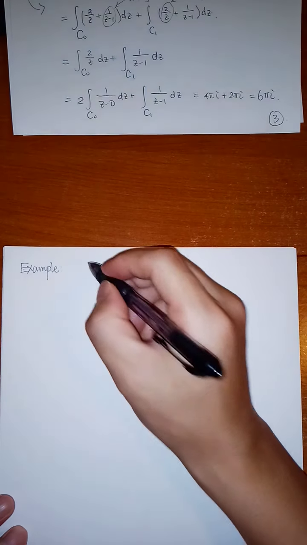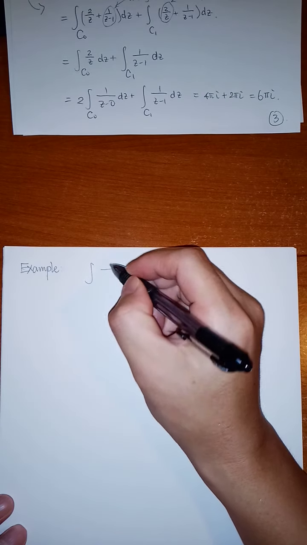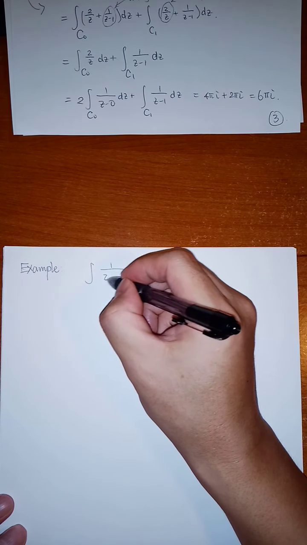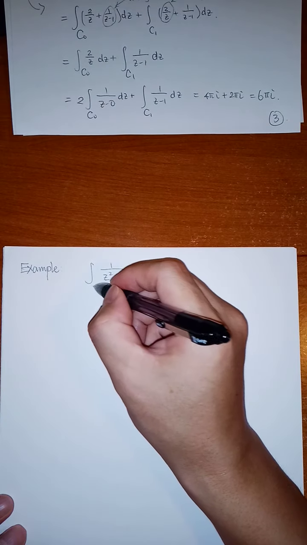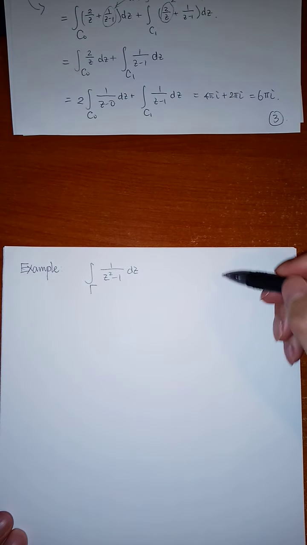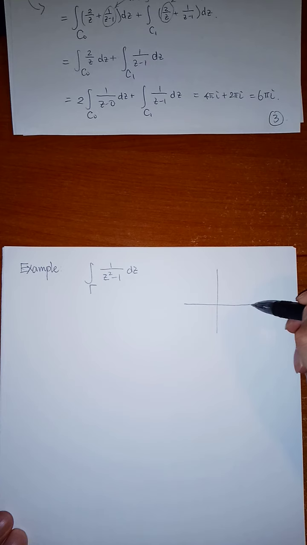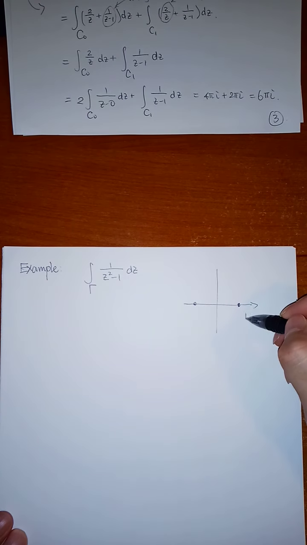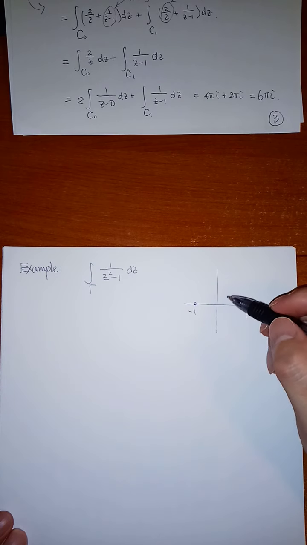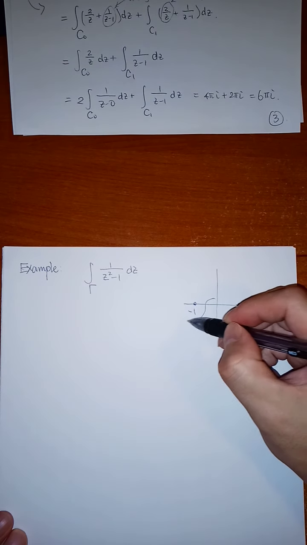So we're going to integrate 1 over z squared minus 1 dz along the gamma, where gamma is like this. This is a 1, this is a negative 1. It looks a very strange curve.